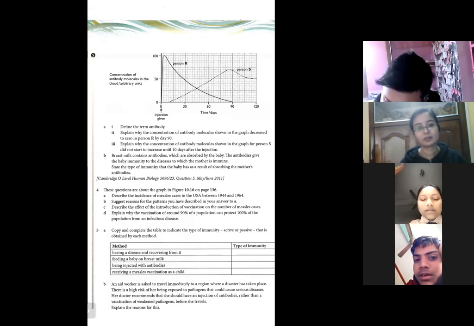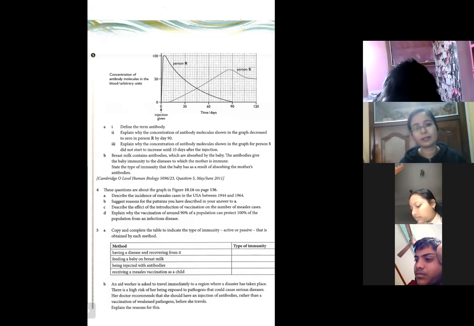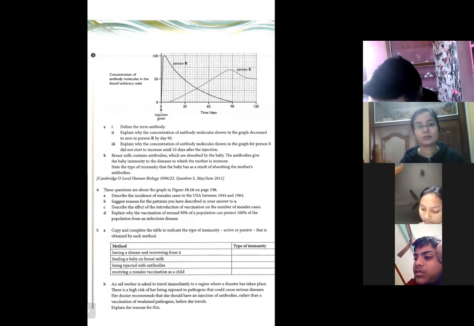The antibodies they're absorbing from their mother protect them from many diseases.